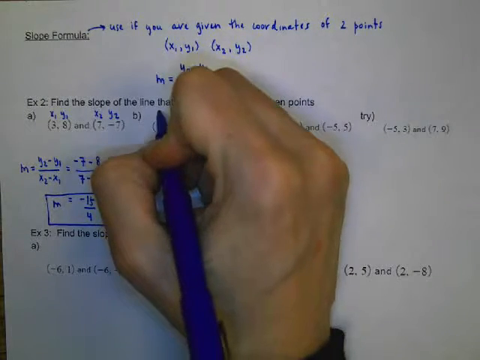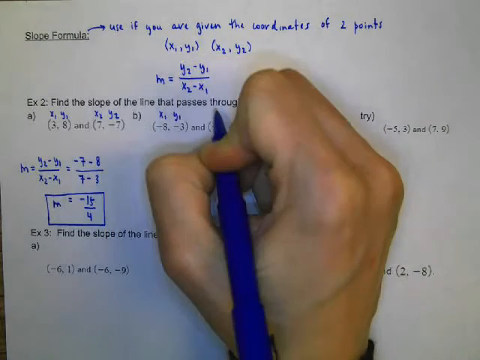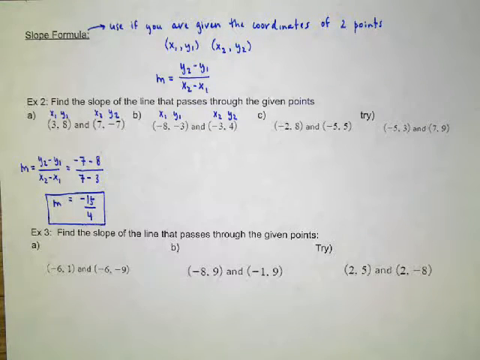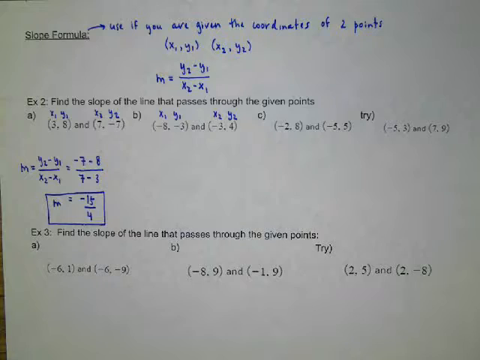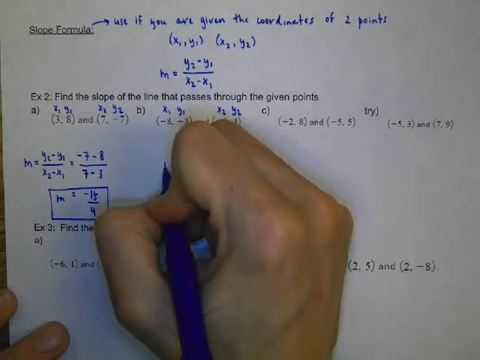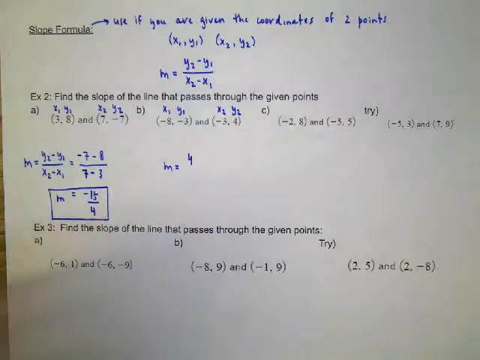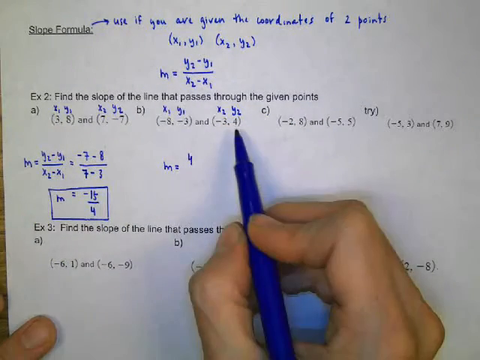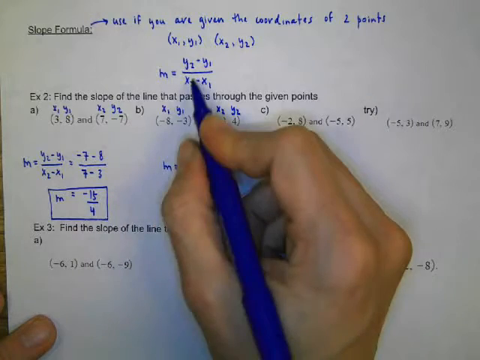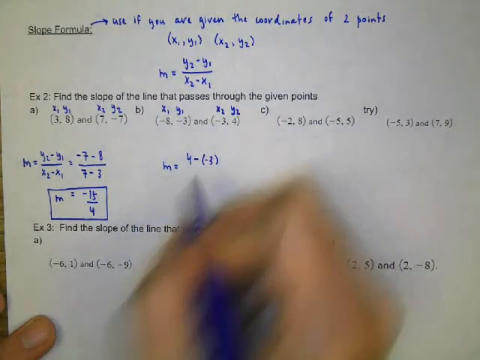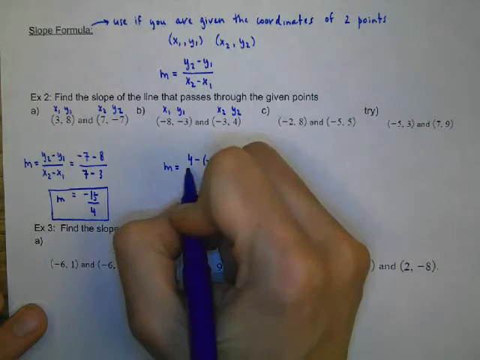Okay, again, for B, I'm going to label these x1, y1, and x2, y2. I'm going to apply my formula again. So m equals y2, which is 4. Now here we have to be really careful with our signs. I have 4 minus my y1 is a negative 3. So I make sure I hold on to that negative.